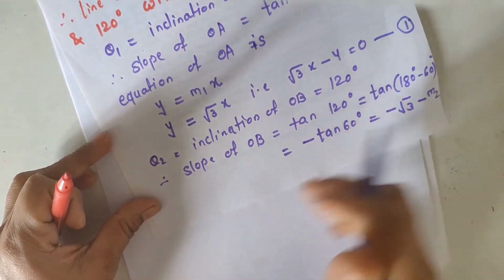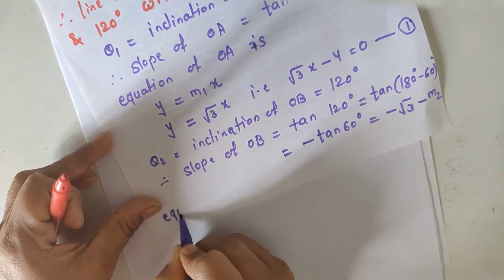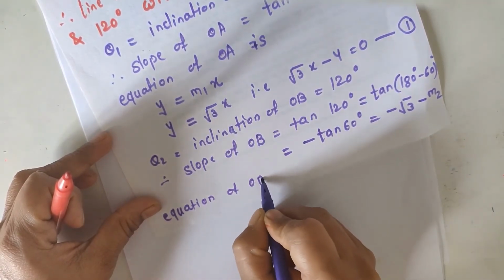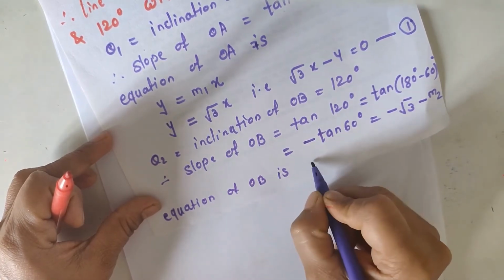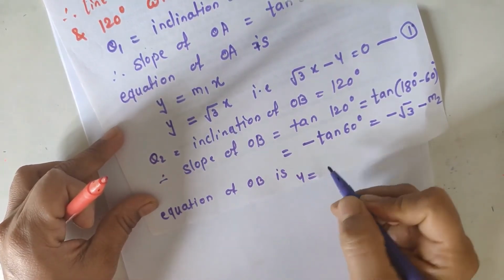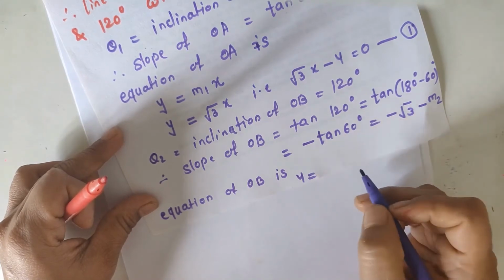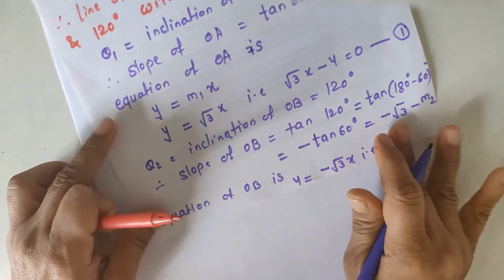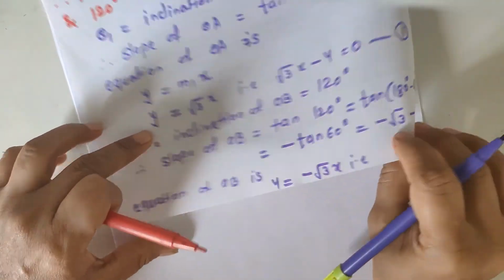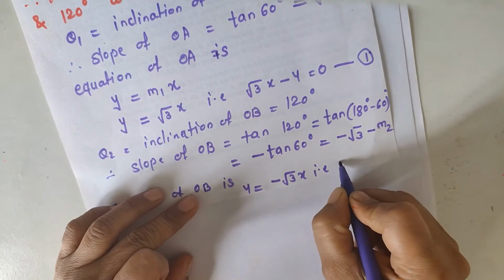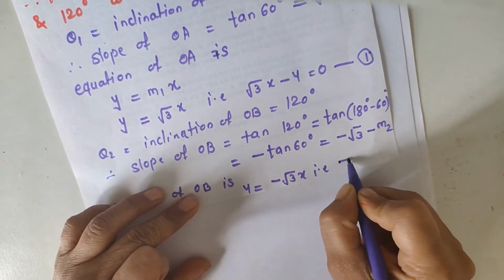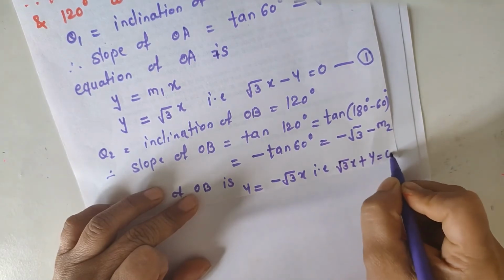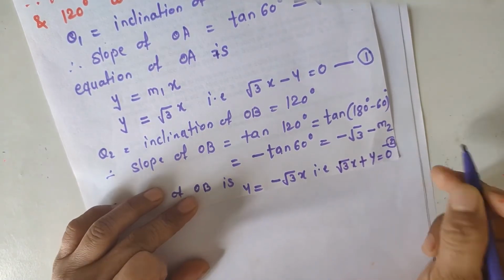The equation of line OB is y is equal to mx form, minus root 3x, that is root 3x plus y is equal to 0, and this is the second equation.